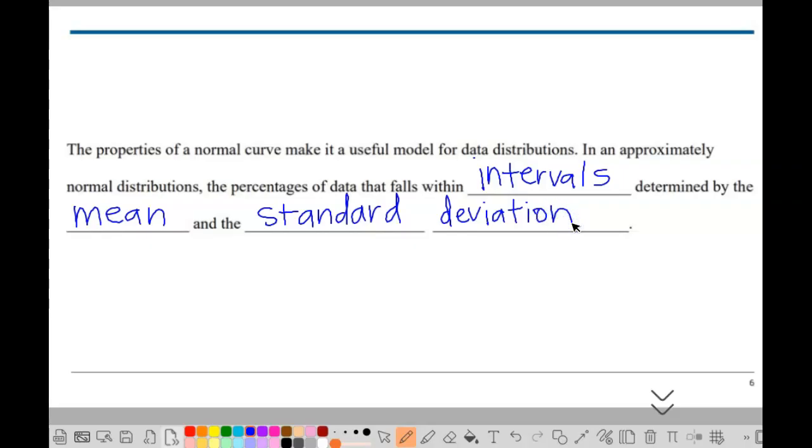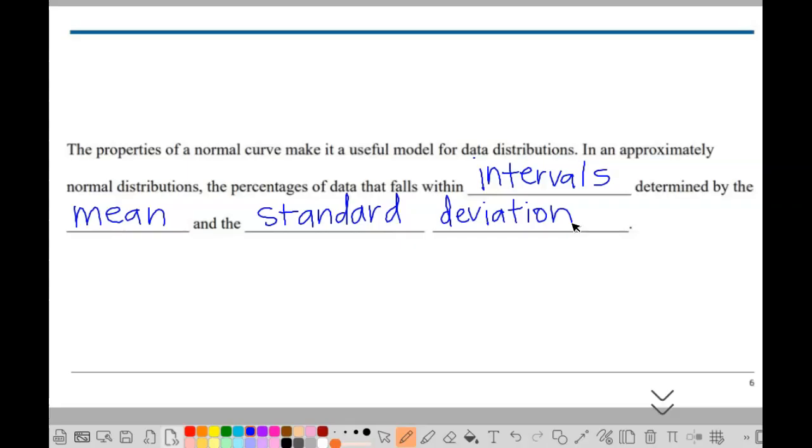So the mean was 5, the standard deviation was 2. We did 5 plus 2 and 5 minus 2, which gave us an interval of 3 hours and 7 hours. But now we're looking at it more in the normal curve, so it's going to be very helpful.